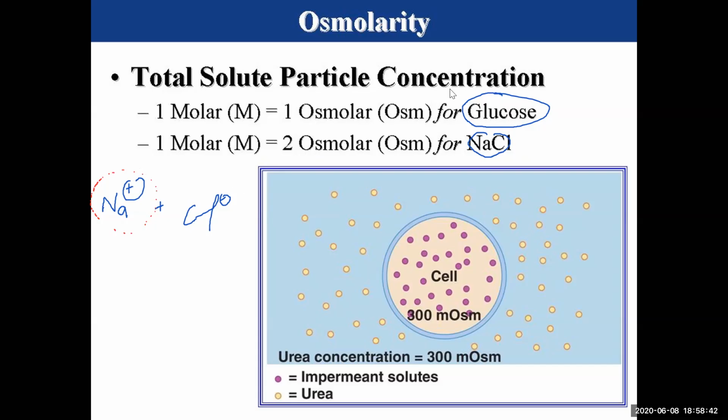And the same thing with the chloride, it is also surrounded by a hydration shell of water. So that positive charge is attracted to the negativity on the oxygen molecule.